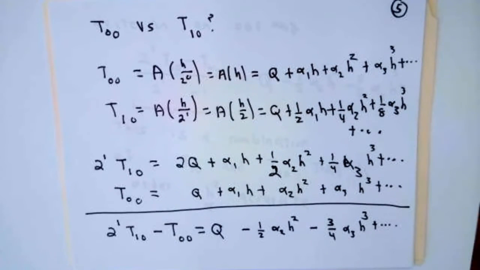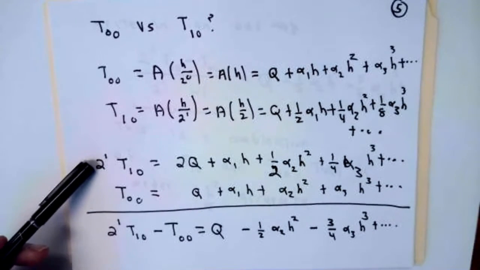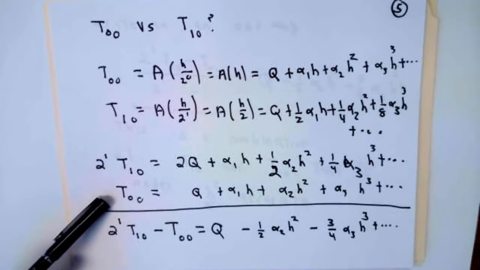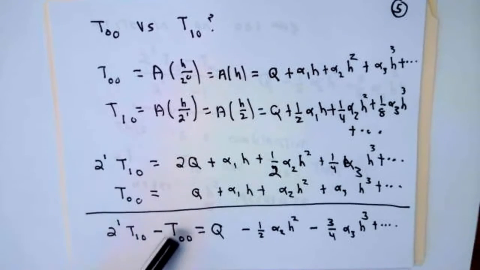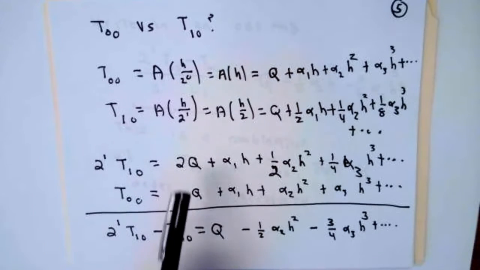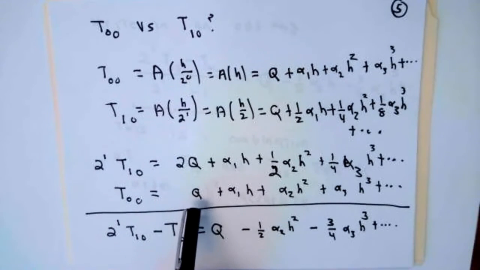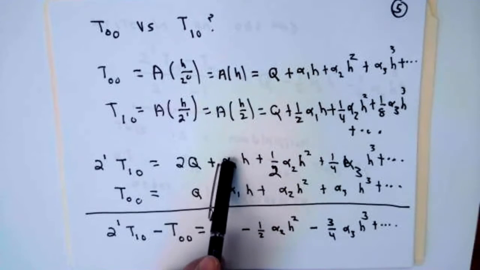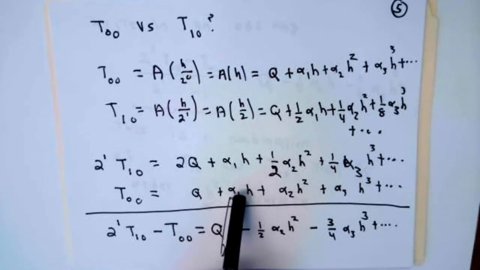And what we're going to do is subtract these two things. I'm going to calculate 2 to the 1 power times T10 minus T00. So I'll write that down. This is 2Q minus Q, which is Q. Because of the way I've carefully rigged these formulas up, these two terms are the same.